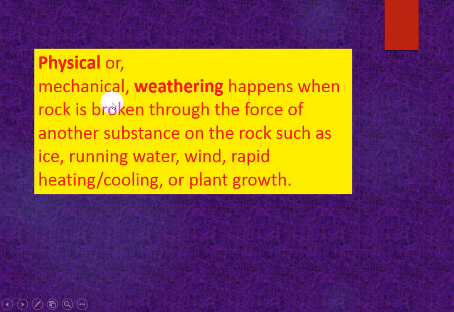Physical or mechanical weathering happens when rock is broken through the force of another substance on the rock, such as ice, running water, wind, rapid heating and cooling, or plant growth.